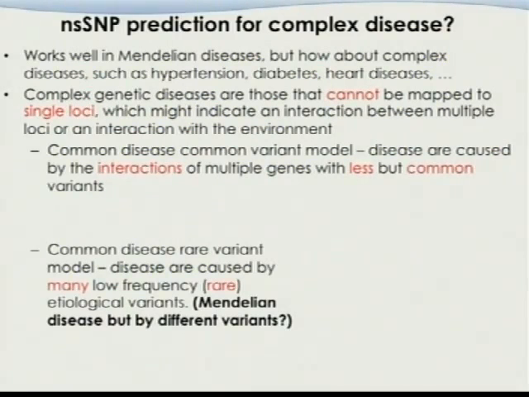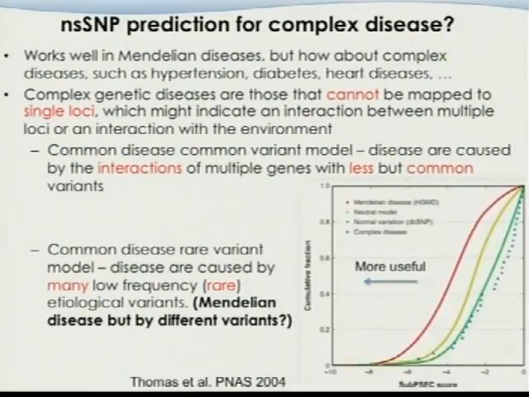So diseases are caused by interactions of multiple genes with less but common variants. But the common disease, rare variant model says diseases are caused by many low frequency variants. Some people consider these Mendelian diseases, but by different variations. Whether it's right or wrong, we don't know, but some people consider it this way.